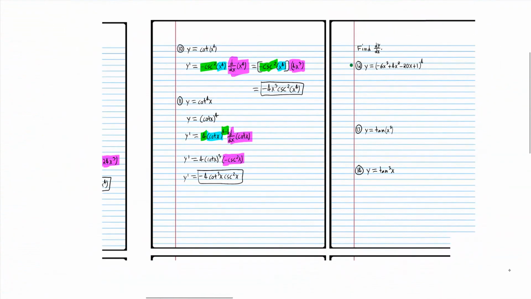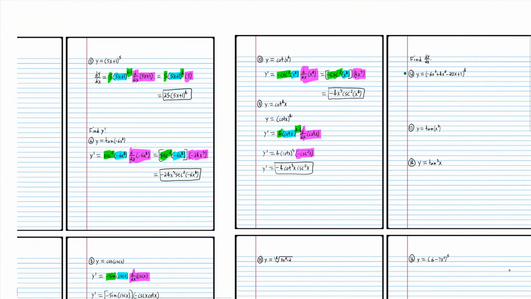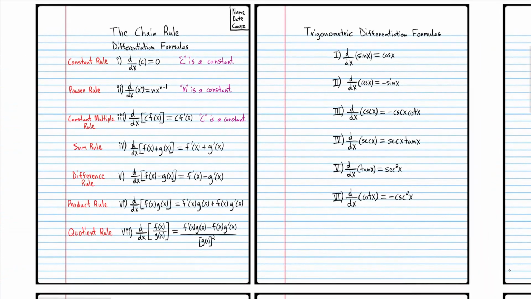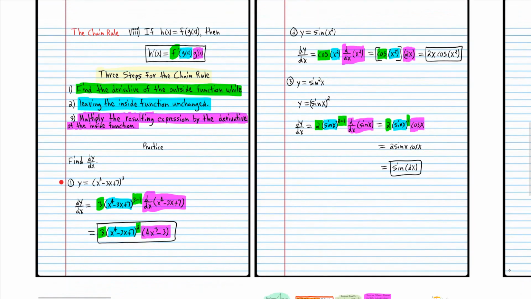Okay, so now it's time for you to try. So at this point you should have a good idea of how the process works, but again, students are typically quite confused about this chain rule. It takes a while to get used to this. So I want you to make sure you have pictures of all these formulas and a picture of the chain rule.